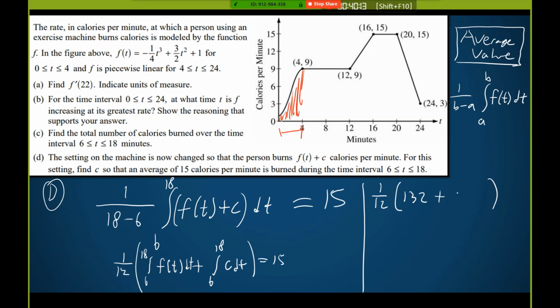If it helps, I could rewrite that constant. My constant is c times t to the 0 power because there are no t's. Anything to the 0 power is 1. c t to the first. Perfect. So this is going to end up being c t to the first power divided by 1, or just ct. Okay, and it's going to change from 6 to 18.